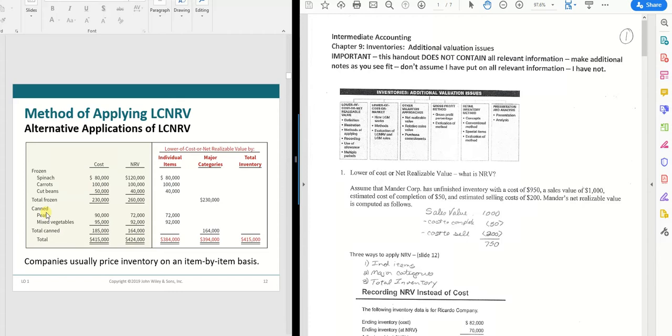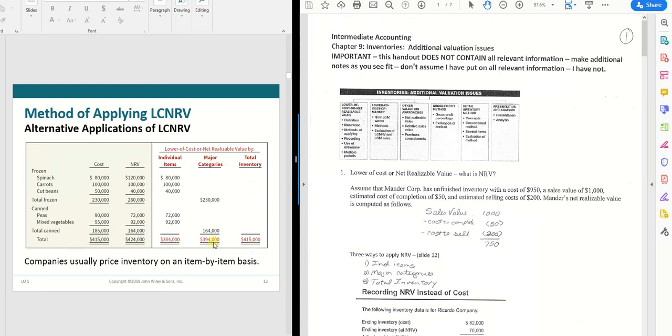So my question is, do you need to take each individual item by itself? In this one, it compares 80 to 120 and uses the 80, 100 to 100, that's not a good one, 50 to 40 and uses the 40. So I do it on an individual item basis, taking the lower of these two, and I get 384.